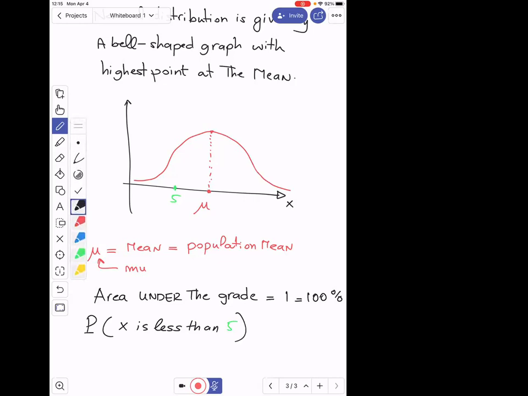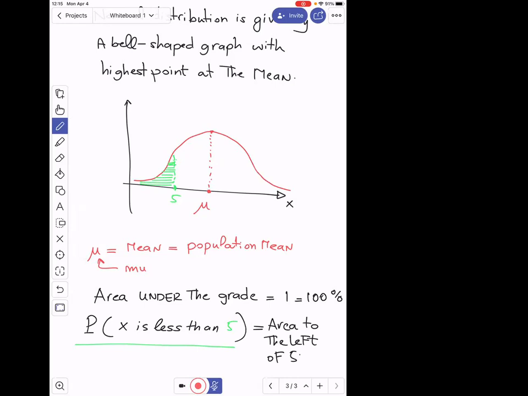So the probability that x is less than 5 is the area to the left of 5.